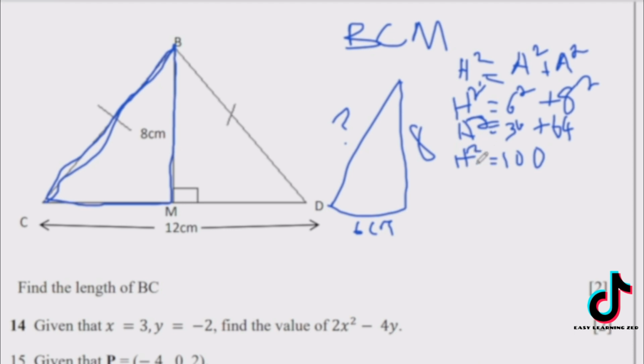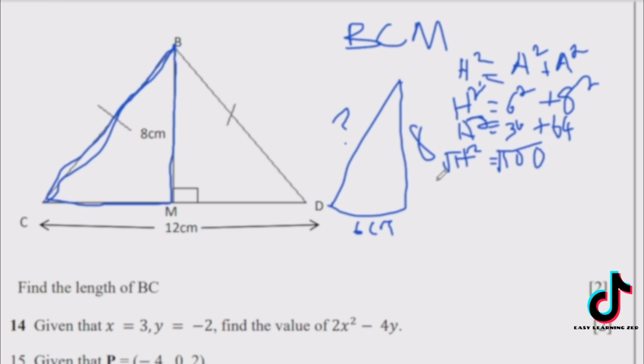Okay, so since here we have got 100 and here we have got h squared, now we need to find the value of h, the value of this line from here up to here. So this line, the hypotenuse. So what we're going to do is find the square root of h squared and the square root of 100.